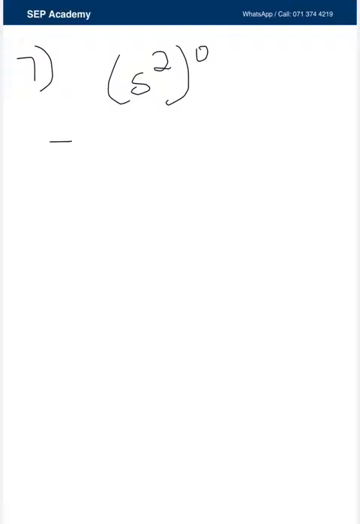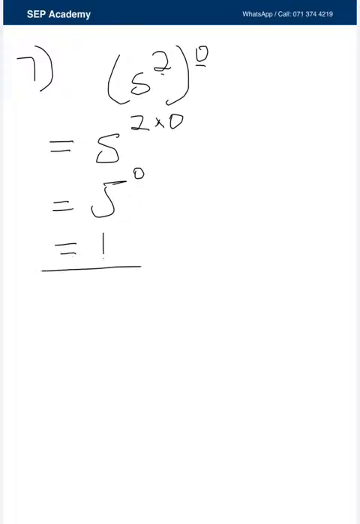Okay, what did I say? I said the law says you take this, you multiply it with that one on the outside. You can still say s to the exponent of 2 multiplied by 0. So what is 2 times 0? Definitely it is 0. It therefore means it is equal to 1 because you end up having a base raised to the power of 0.